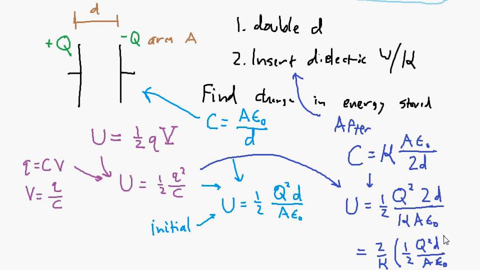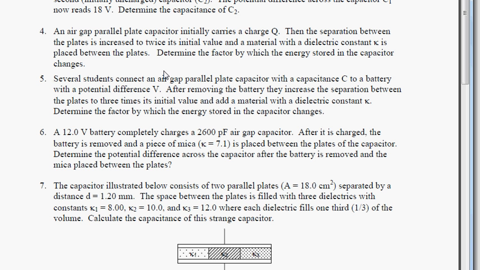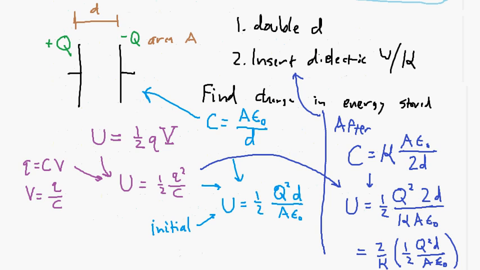Okay, so now, if you can read my horrible handwriting, you can see this original energy stored is right in here, and this is all the after stuff. So the factor by which this is changed is 2 over kappa, which I believe was what they asked for, right? Number 4, the factor by which the energy stored in the capacitor changes. So that factor is 2 over kappa. Okay, easy enough.